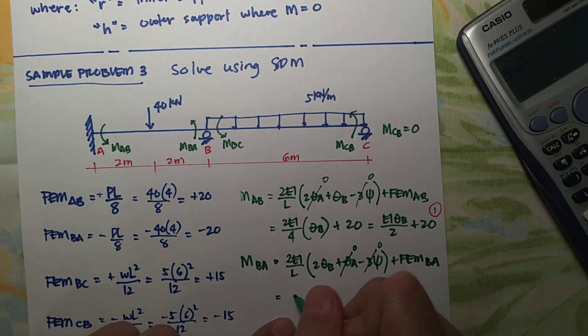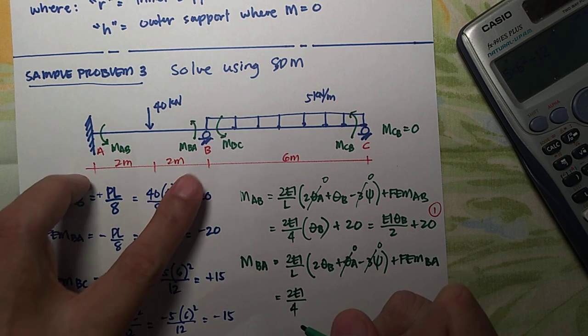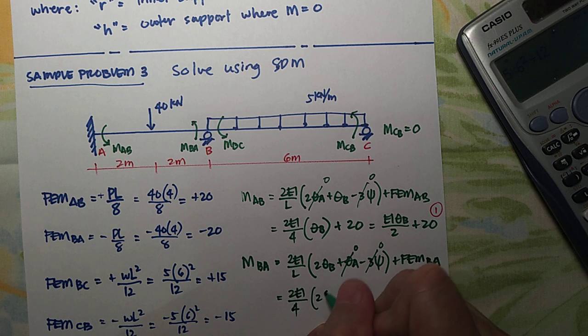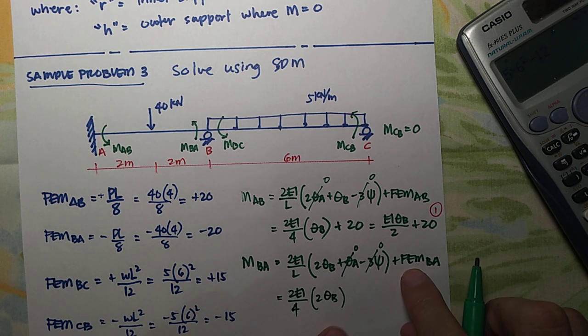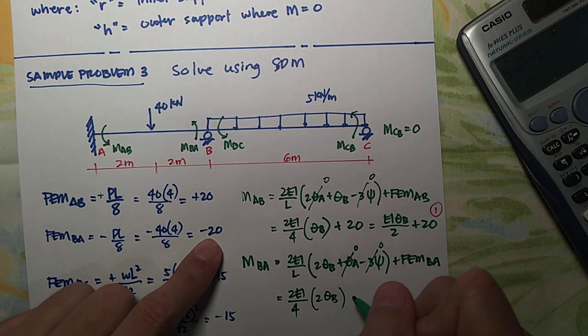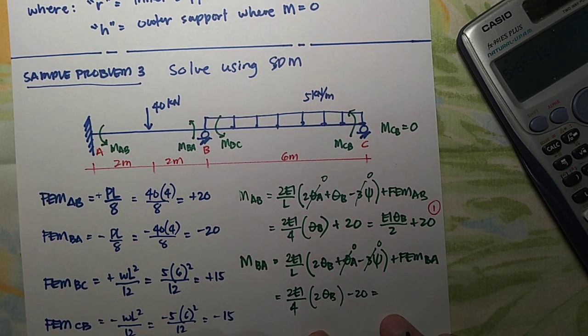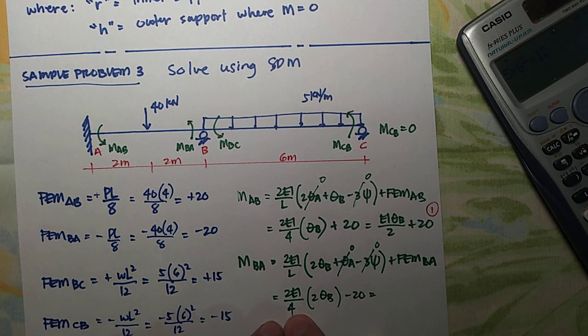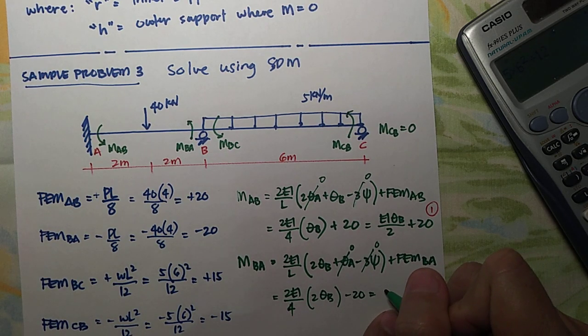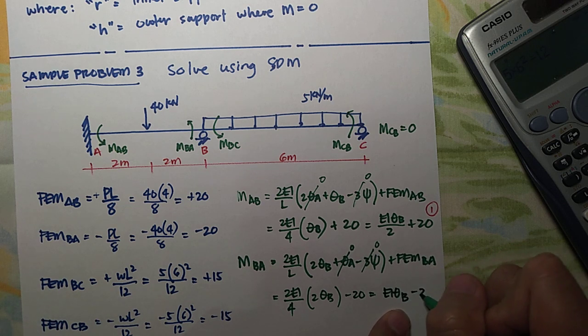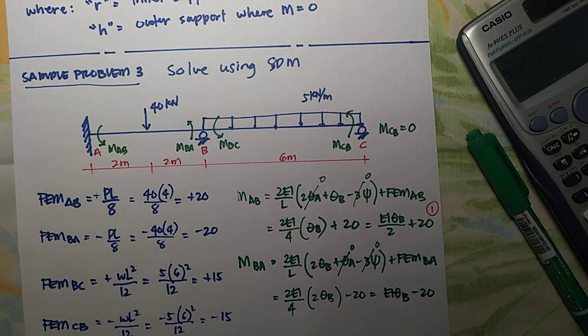So what is left is 2EI over L. L is 4 meters. Then twice theta B, plus FEM of BA, which is negative 20, minus 20. So simplifying this, 2 times 2 is 4 over 4 is 1. So this would be simplified as EI theta B minus 20. So that would be our second equation.